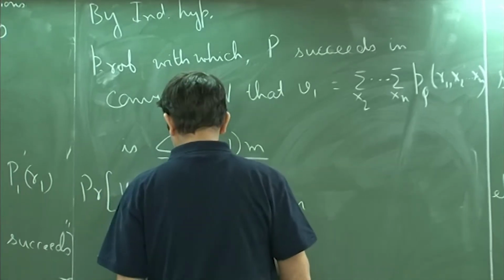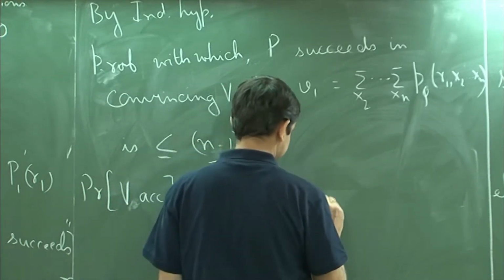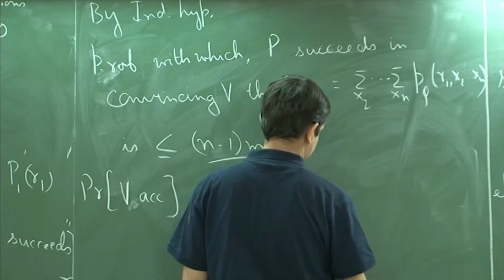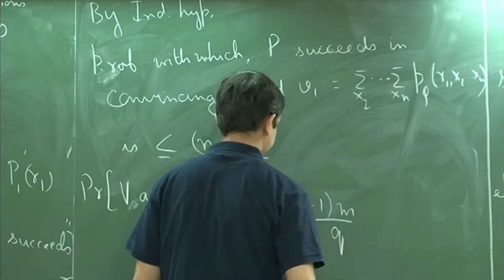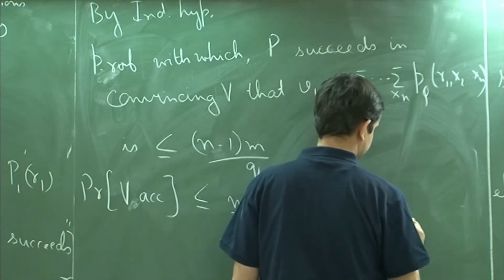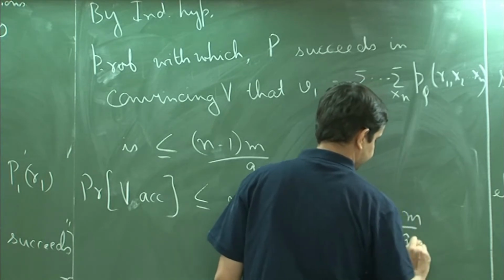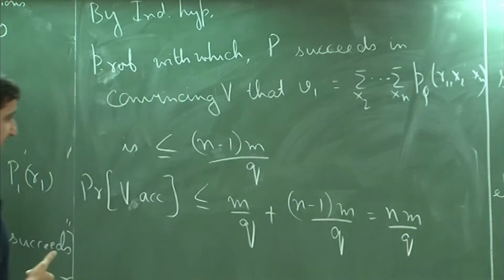So, the probability that V accepts is n minus 1 m by q plus m by q, which is n m by q, as we want.